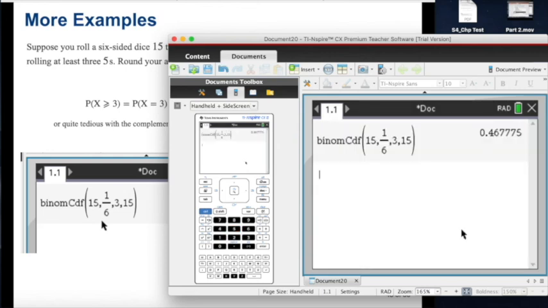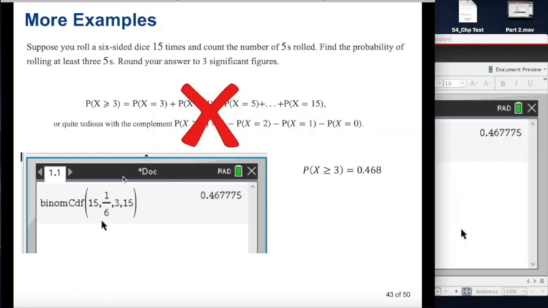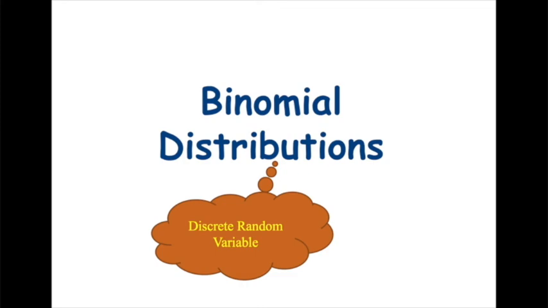Click OK. There you go. That's the answer. The probability when random variable x is greater than or equal to 3 is equal to 0.468. Thank you very much for watching. Take care.